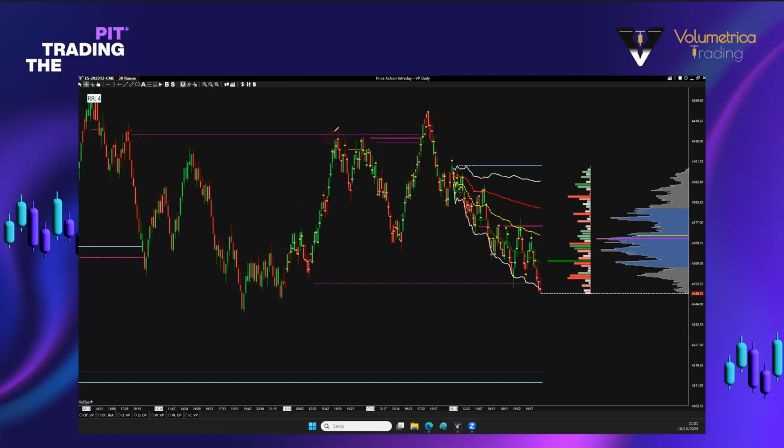Sometimes also the second pullback, but as a personal suggestion, for every level you might want to be watching throughout the session, the first pullback is always the best one. If the first pullback is gone and that level you are considering is not fresh anymore, I wouldn't consider it anymore after the first touch on the first pullback. It just loses its importance.